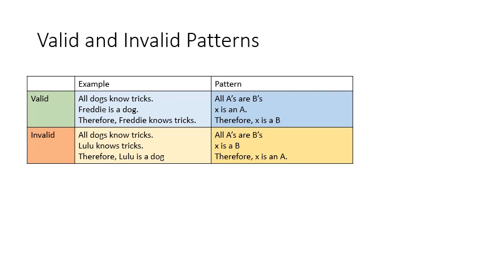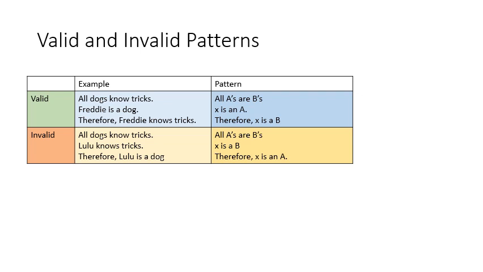So let's start with the valid argument here. In English, I have "All dogs know tricks" as a premise. Another premise is that Freddie is a dog, and the conclusion is that Freddie knows tricks. We're not going to worry about whether or not these premises are true. We're just going to assume that they are true, and think about the pattern of this argument.